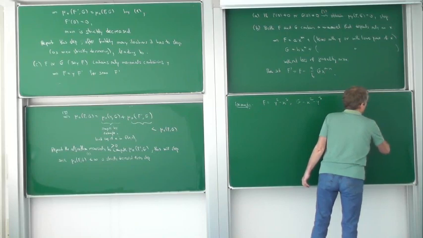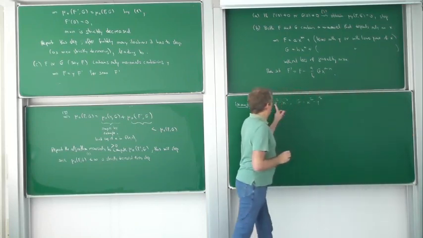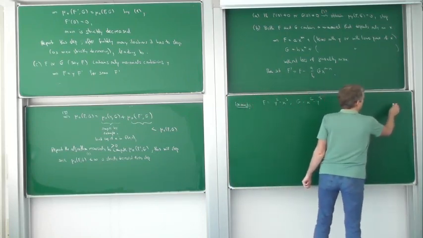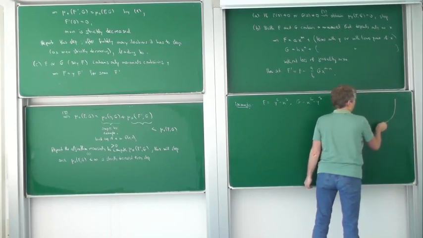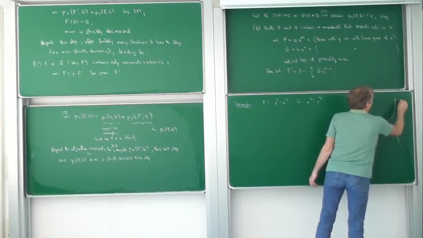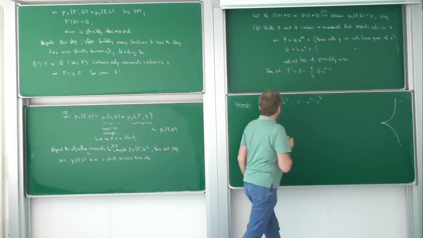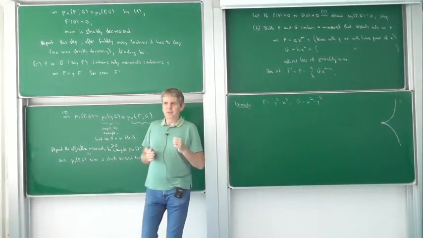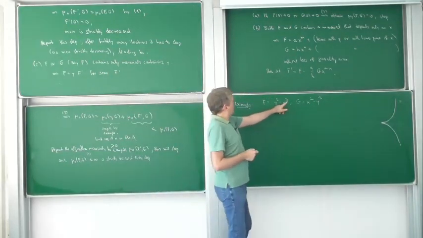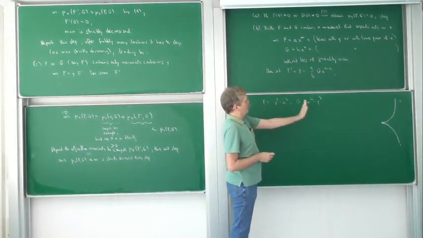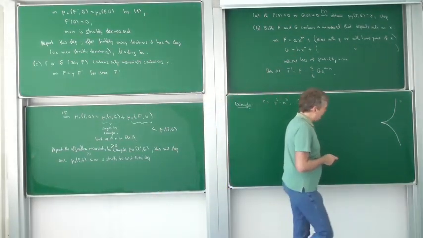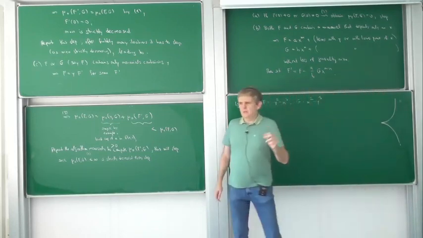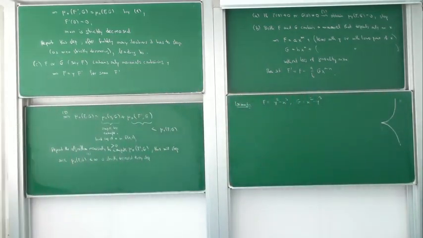If you draw this, we had this on the board once. So y squared equals x cubed in the real picture would look like this. That would be f. But essentially, it's y equals x to the power of 3 over 2. And x has to be positive because y squared is always positive. So we're on the right half of the thing. So that would be f. And g is the same thing with x and y reversed.